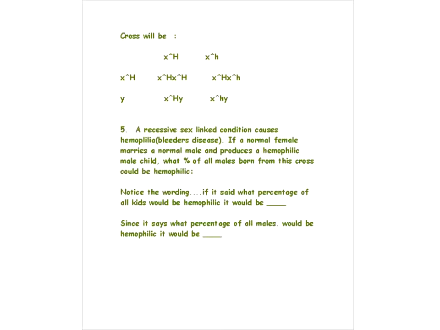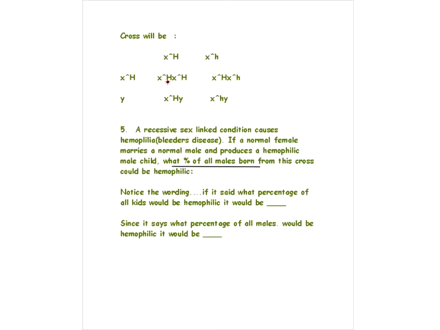So let's go on to the next page and see what the analysis of that is. Okay, so I want you to notice what the wording is, guys. The wording of this question says, what percentage of all males born from this cross would be hemophilic? So it's asking you for the percentage out of all the males. Now, if the question had said, what percentage of all kids would be hemophilic, let's see what the answer would be. Well, is this kid hemophilic?